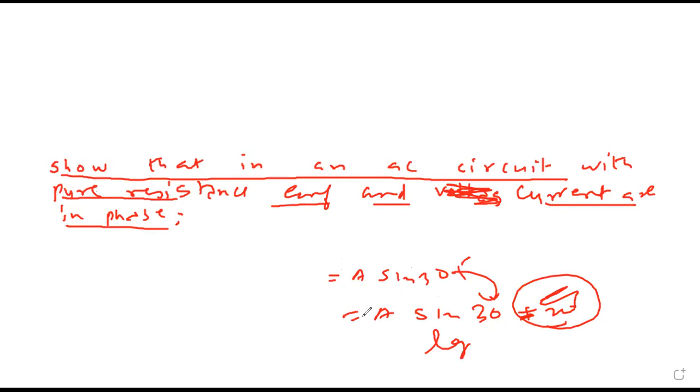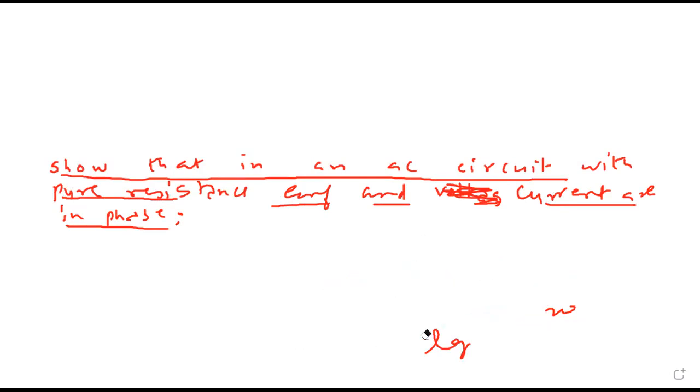Yeah, sir. So we have to show that in an AC circuit with pure resistance, EMF and current are in phase with each other, or the phase difference between them is zero. Usually in 12th standard boards they ask: if the circuit is purely resistive, what is the phase difference between EMF and current?